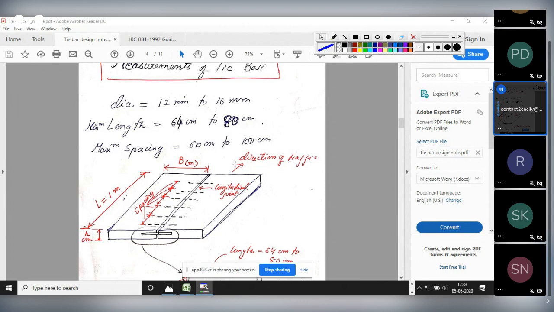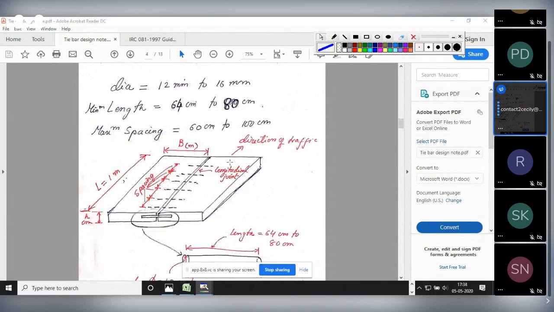Now see how we will design. As I already said, for designing we will take the slab length as 1 meter, that is, we will design per meter of slab. This is the breadth of the slab, that is the lane width, whether it is 3.5 or whatever they provide. The direction of the traffic will be in this direction.